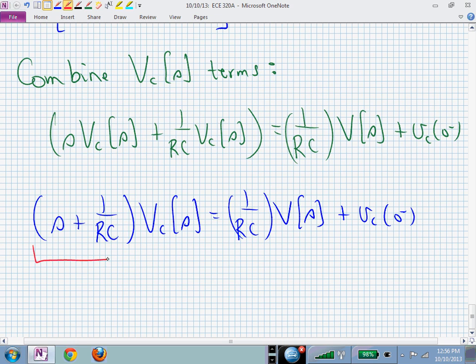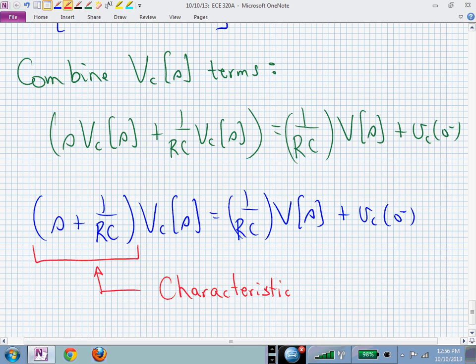Do you remember what we called that particular piece that is weighting or scaling or multiplying our variable of interest in the frequency domain? And what is it?